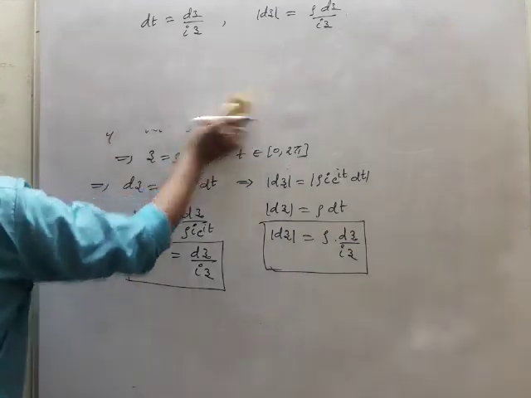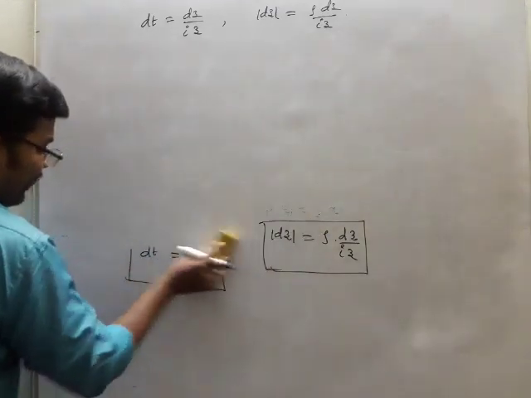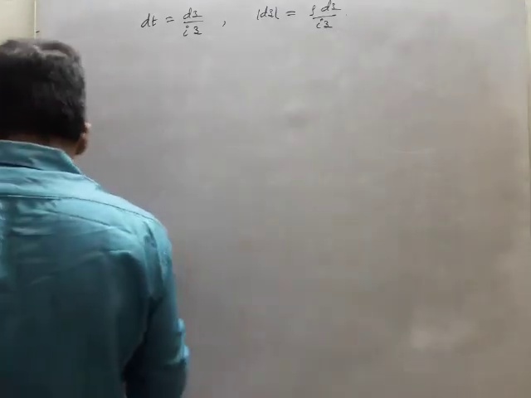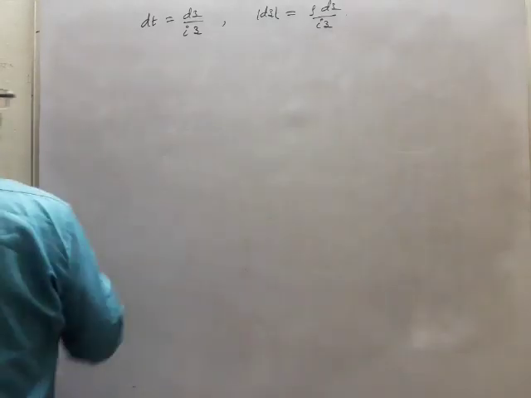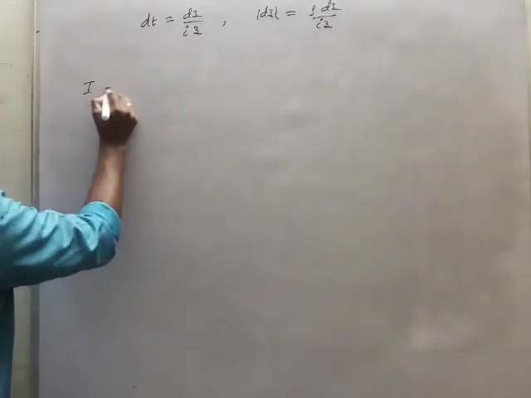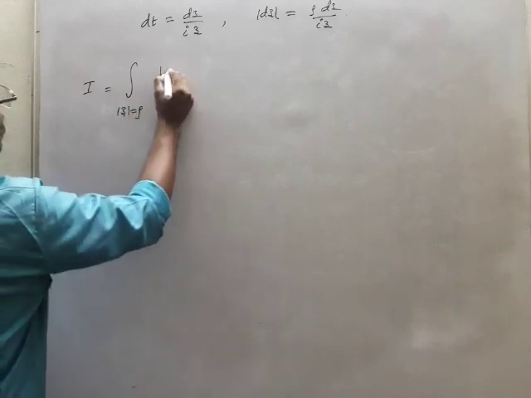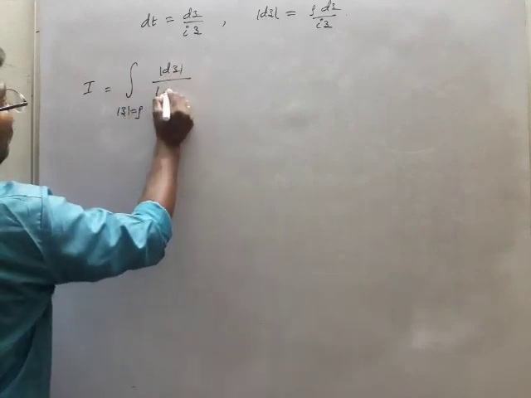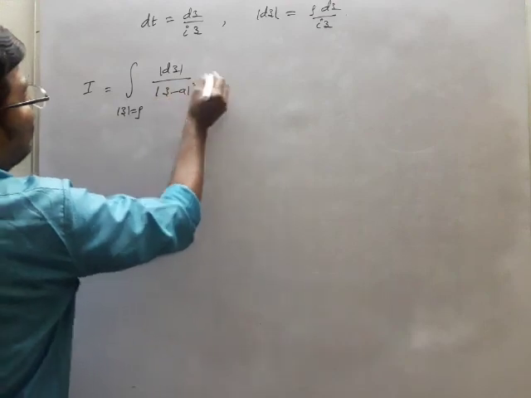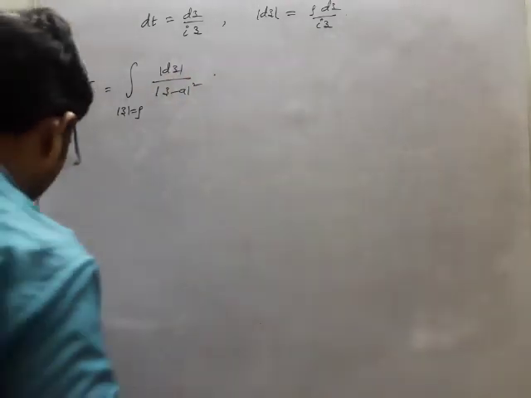Now we'll try to find out the value which is given. I may take I is equal to the integral over mod z is equal to rho of mod dz by mod z minus a, whole square. Now this is what we need to find out.